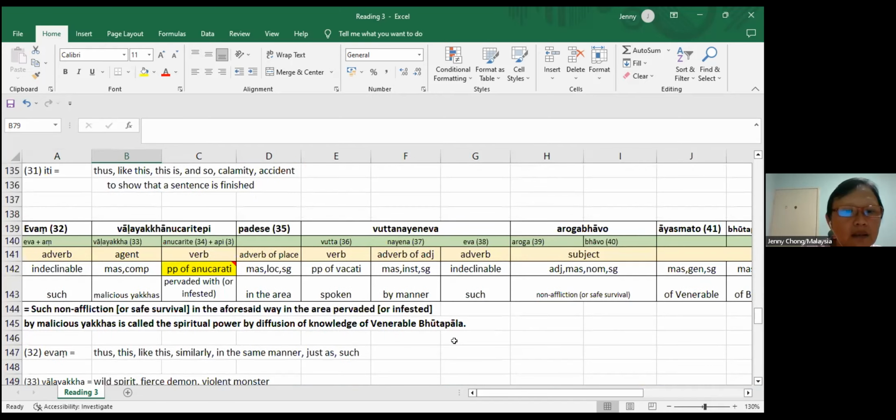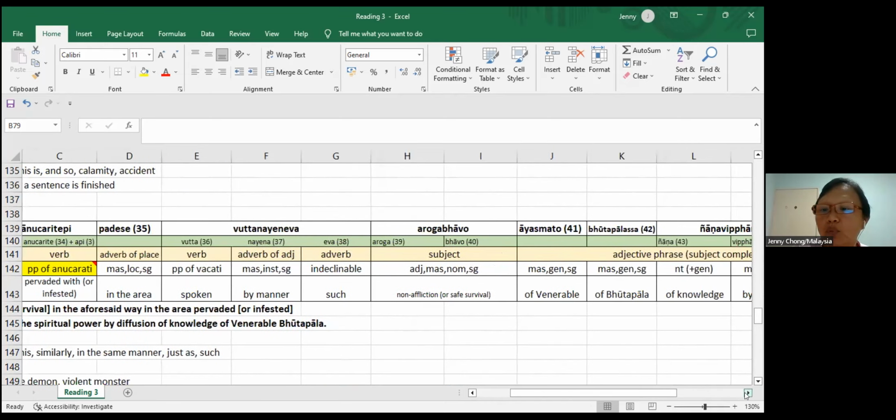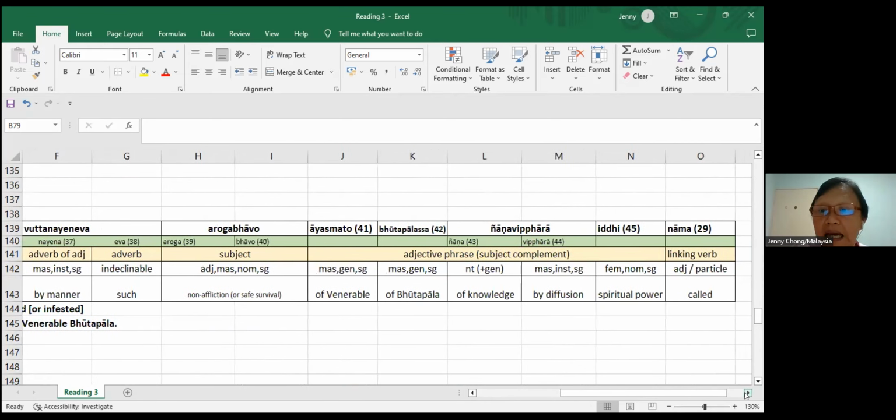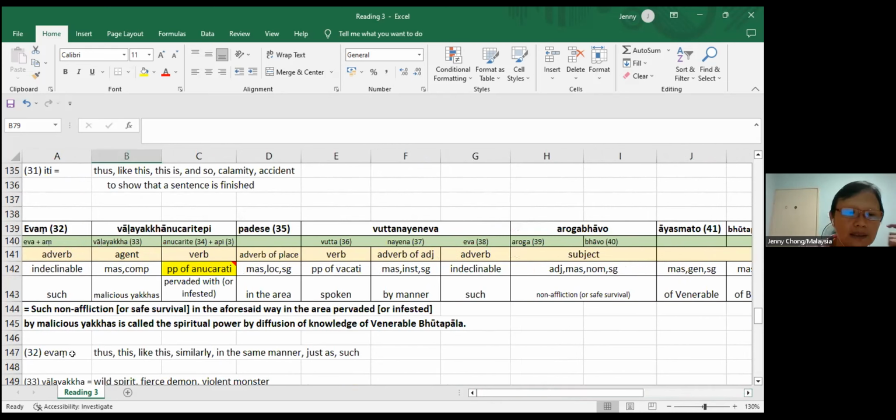So the last sentence, Evam walayaka nuchari tepi padese uttanayeneva arogabhavo ayasma Buddha Palasa nana vipara iddhi nama. Meaning: such non-affliction or safe survival in the aforesaid way in the area pervaded or infested by malicious yaka is called the spiritual power by diffusion of knowledge of Venerable Buddha Pala.